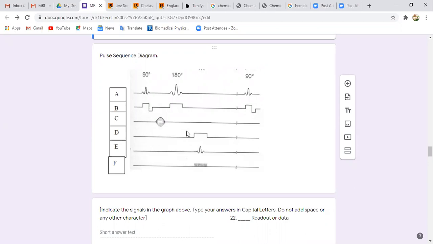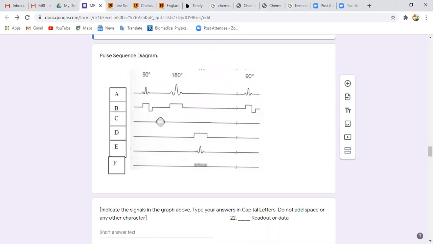D is our frequency encoding gradient. This is the time the signal is sampled. At this point here, we now have our TE. This is the signal, the result. This is the readout, so F is the readout. E is the signal that was sampled.